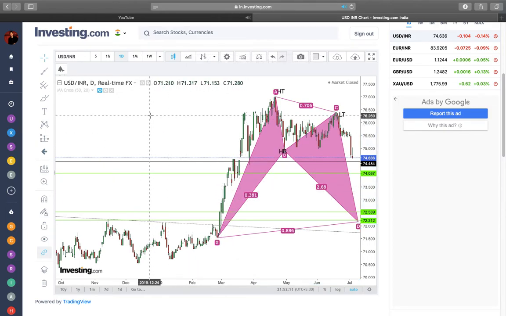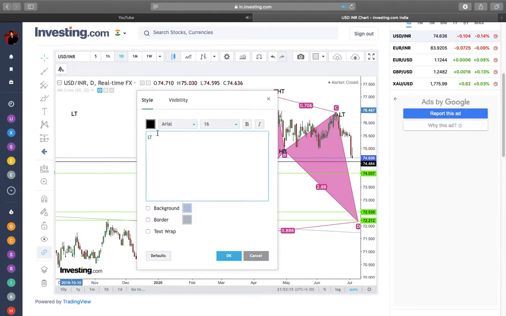So just to conclude, just to make a few points right here, on the weekly, we see that the dollar has created an all-time high, confirming uptrend.